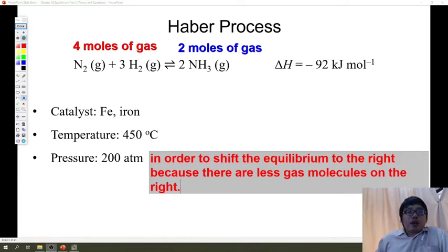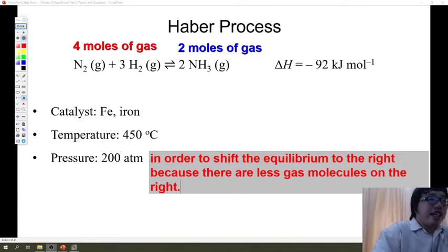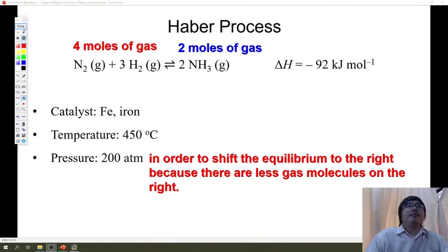Reactants are 4 moles of gas, products are 2 moles of gas. By Le Chatelier's principle, in order to reduce the increased pressure, the equilibrium shifts to the right to form fewer gas molecules. That's why they do it at high pressure.